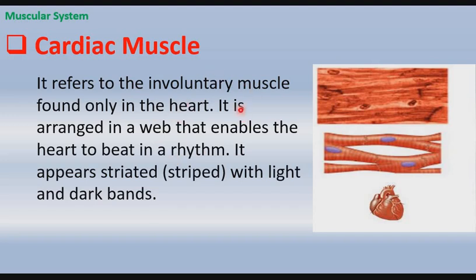It doesn't work based on consciousness. It's involuntary. And the smooth muscle also is involuntary muscle. Now, what's the difference? If we look at the structure, you see these stripes, and also the location plays a major role to differentiate the two, because the cardiac muscle is striated while smooth muscle is not striated.